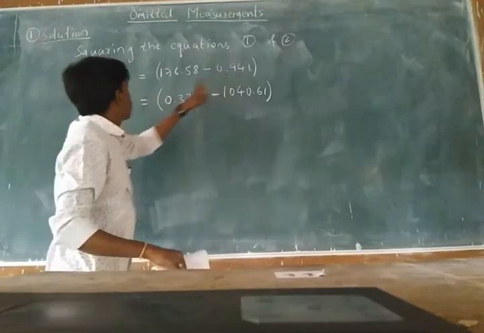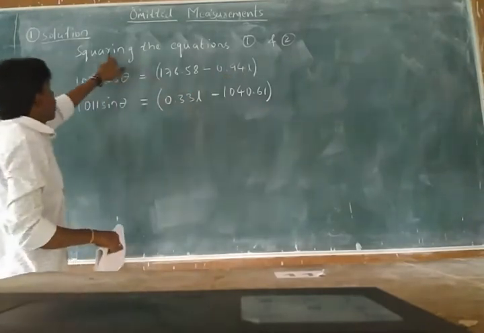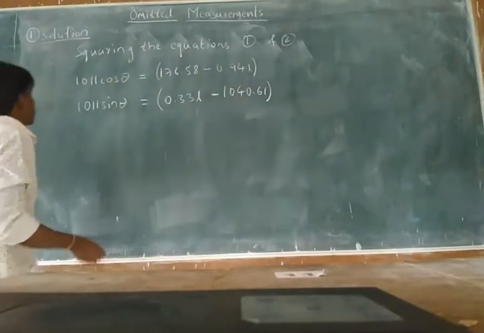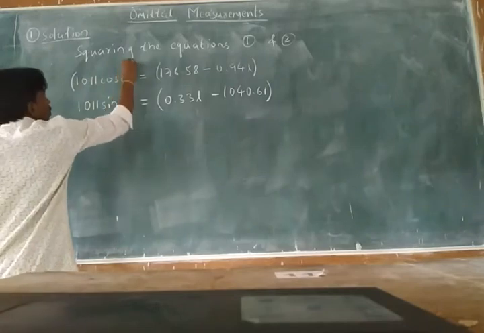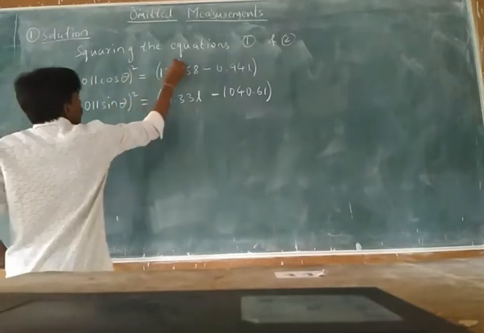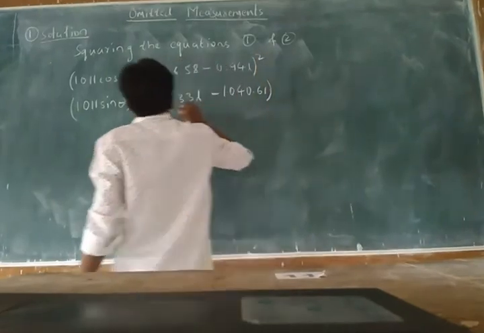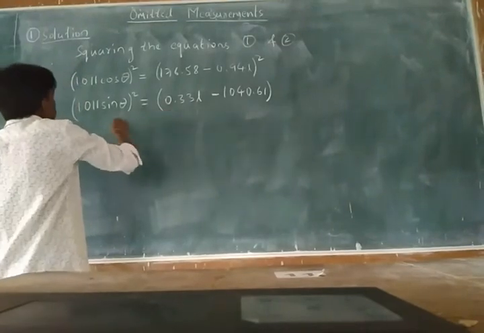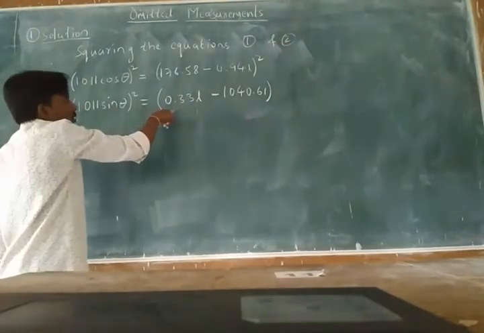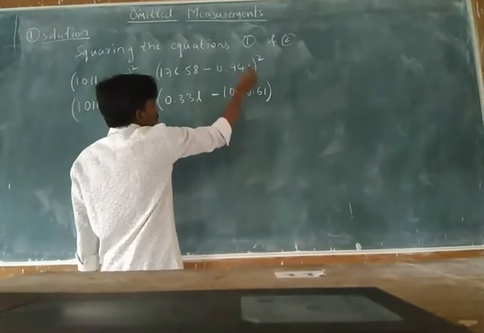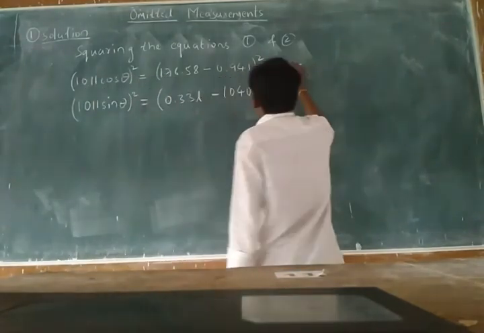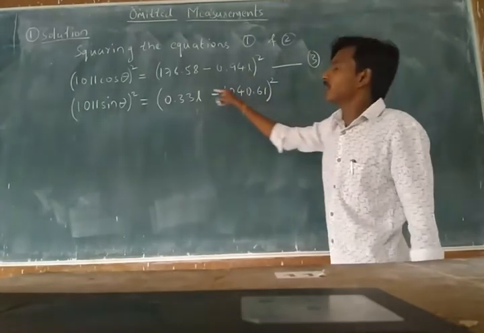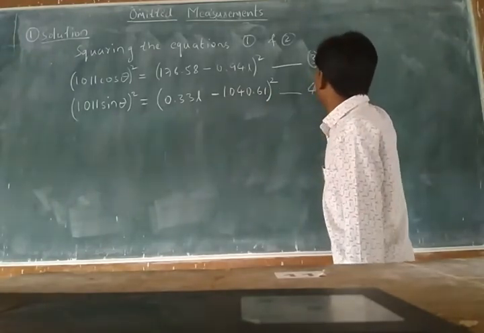So as the sentence says, squaring the equations 1 and 2, we have to square both the equations. So just square them. This will become 1011 cos theta whole square is equal to 176.58 minus 0.94L whole square. Now here it becomes 1011 sin theta whole square is equal to 0.33L minus 1040.61 whole square. So the first equation will become the third equation and the second equation will become the fourth equation.